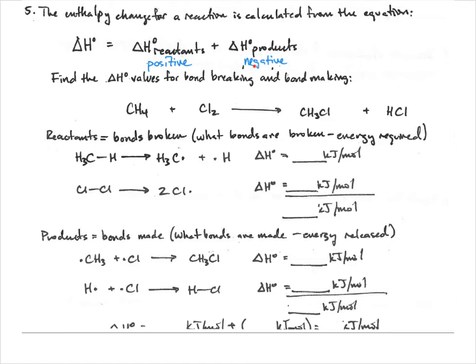Then for the products, we're going to put a negative sign in front of them because when you form a bond, you release energy as heat. So we're going to leave these positive, we're going to call these negative, and then overall we just add them together.